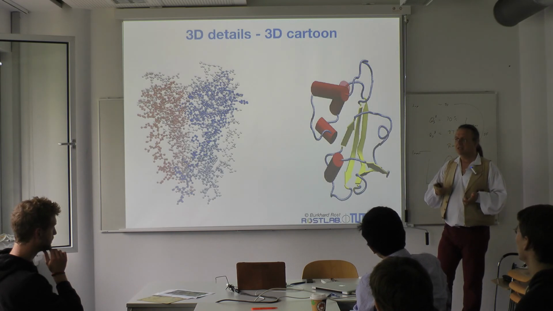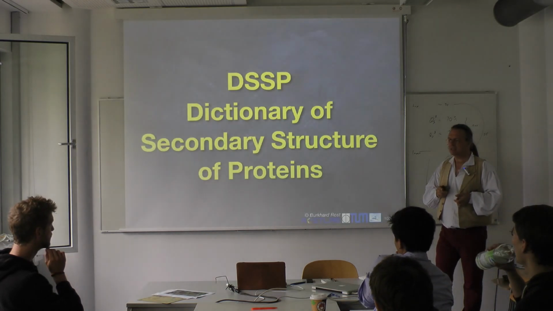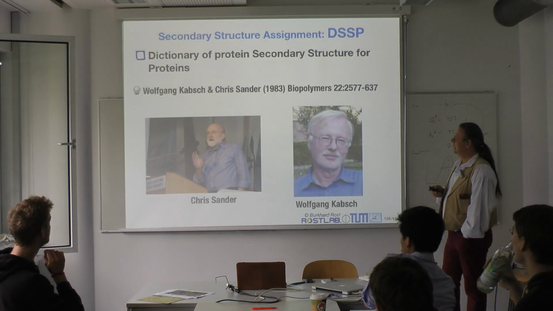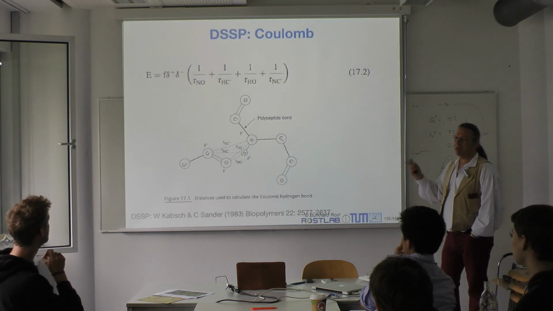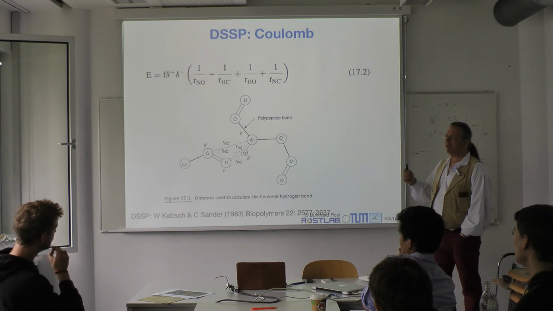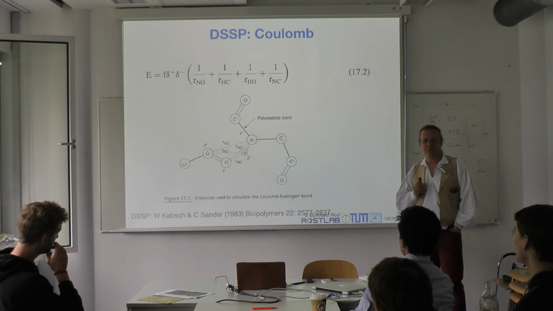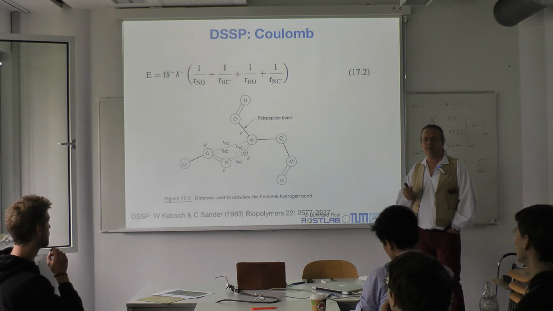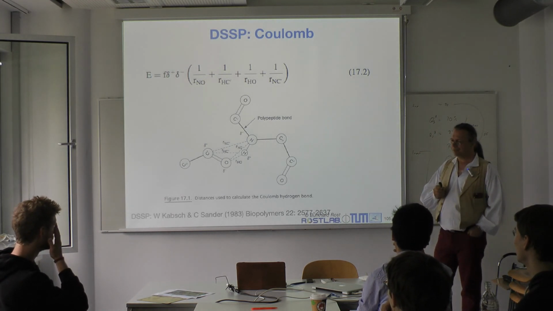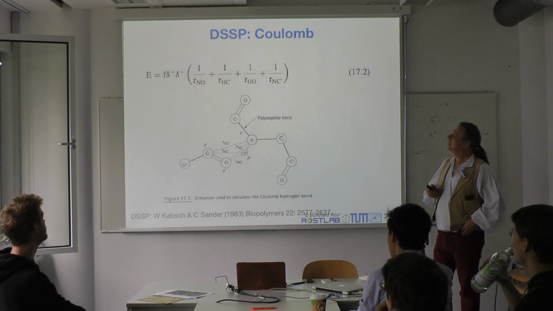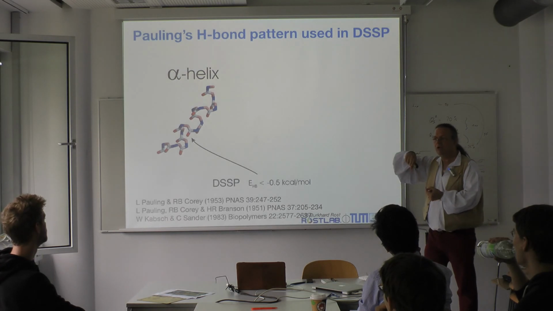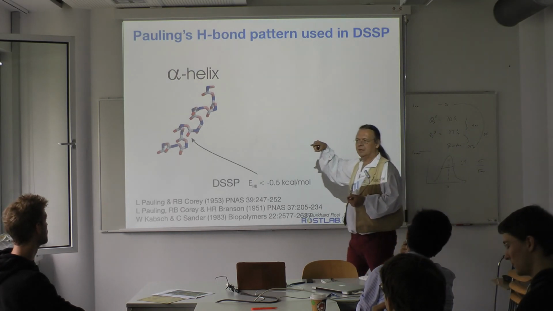Another way of doing it, and that's the i and i plus 4, is simply the idea going back. That's DSSP from Christian Sander and Wolfgang Kabsch, and that is going back to Pauling's idea. You begin by defining a hydrogen bond. If secondary structure is formed by hydrogen bonds, then why not look at the hydrogen bonds by a simple energy function, decide where the hydrogen bond is, and then look for patterns i and i plus 4.